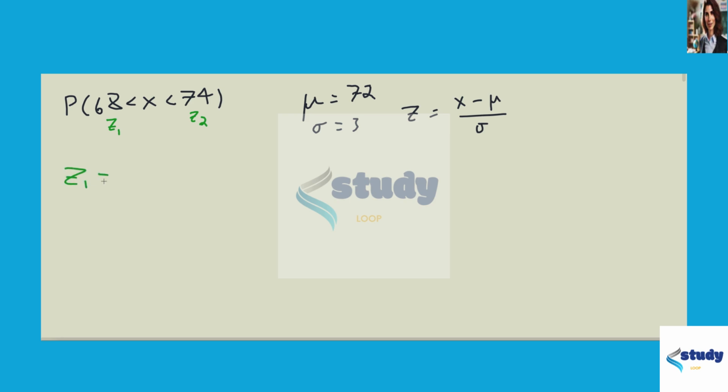So z1 is equal to 68 minus 72 over 3, which is equal to negative 1.33, while z2 is equal to 74 minus 72 over 3, which is equal to 0.67 approximately.